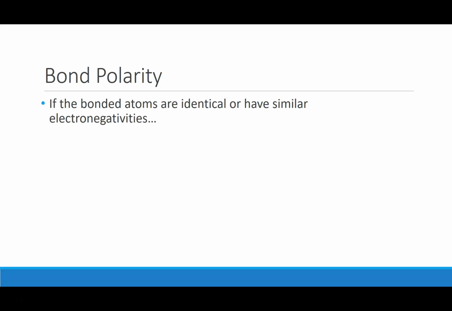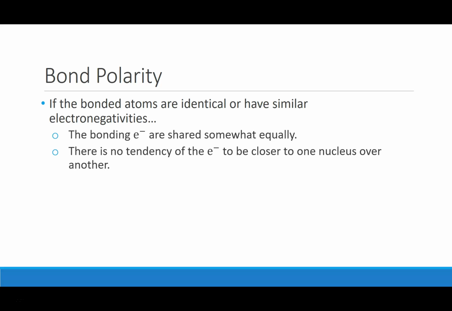A covalent bond can be polar or nonpolar depending on the electronegativities of the bonded atoms. If they are identical or have similar electronegativities, then the bonding electrons are shared somewhat equally, and there is no tendency for the electrons to be closer to one nucleus over another. So the bond in this case is a nonpolar covalent bond.